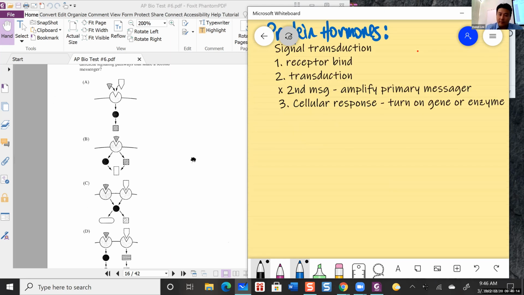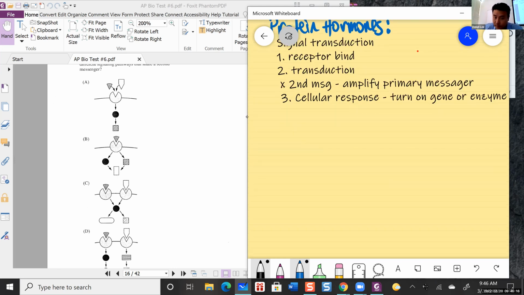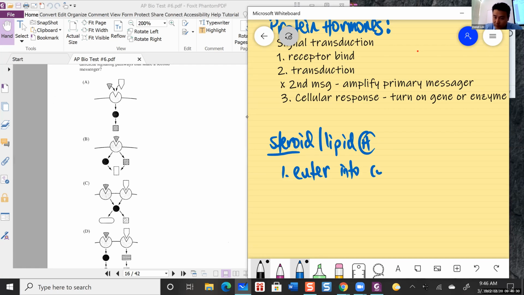If you're talking about the steroid hormones or lipid hormones, they don't do signal transduction. These will enter the nucleus. First of all, they enter the cell, into the cytoplasm, the cytosol. There's a receptor there, an intracellular receptor in the cytoplasm.